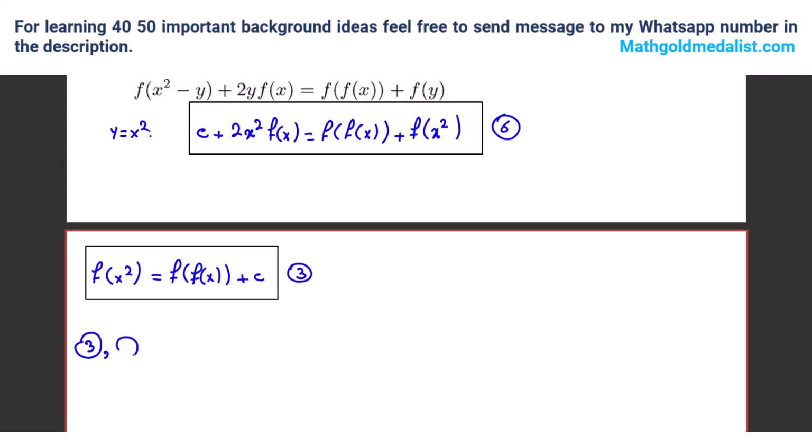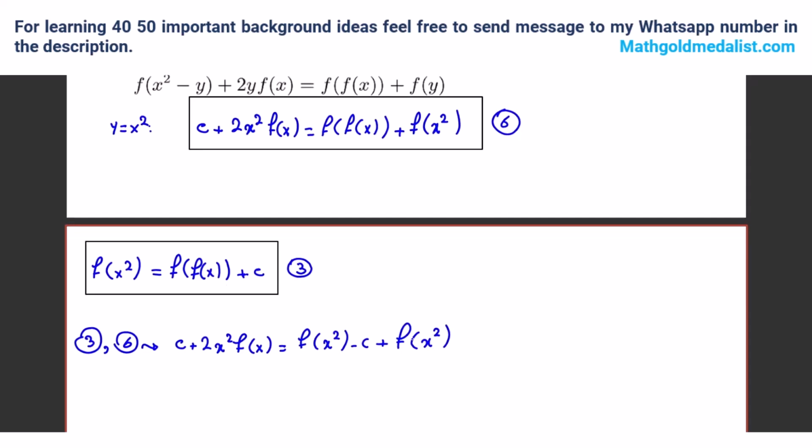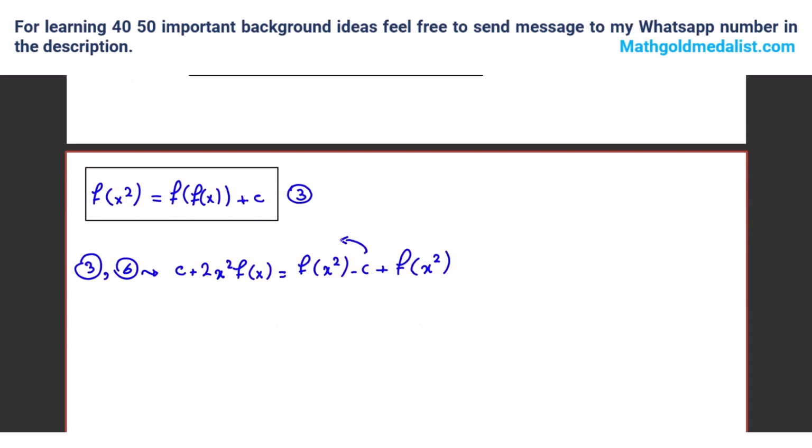From 3 and 6, we can say, okay, c plus 2x squared f of x is equal to f of x, from third one is equal to f of x squared minus c. So f of x squared minus c plus f of x squared. Okay. If we take negative c to left hand side and simplify, it's 2c plus 2x squared f of x is equal to 2f of x squared, okay?